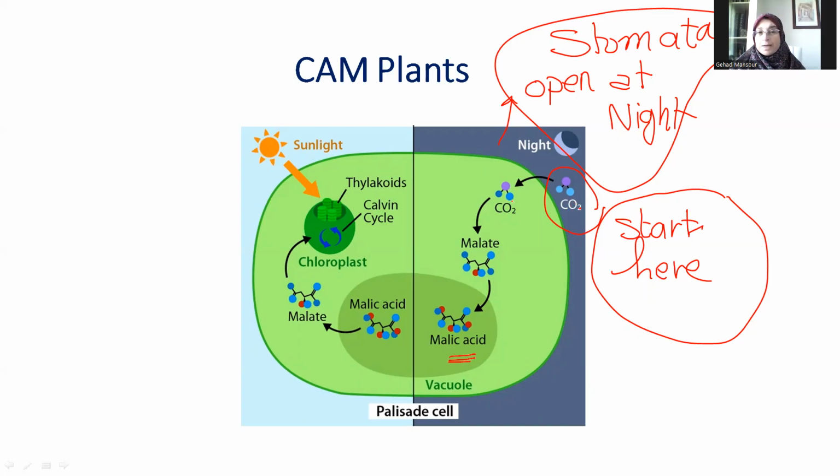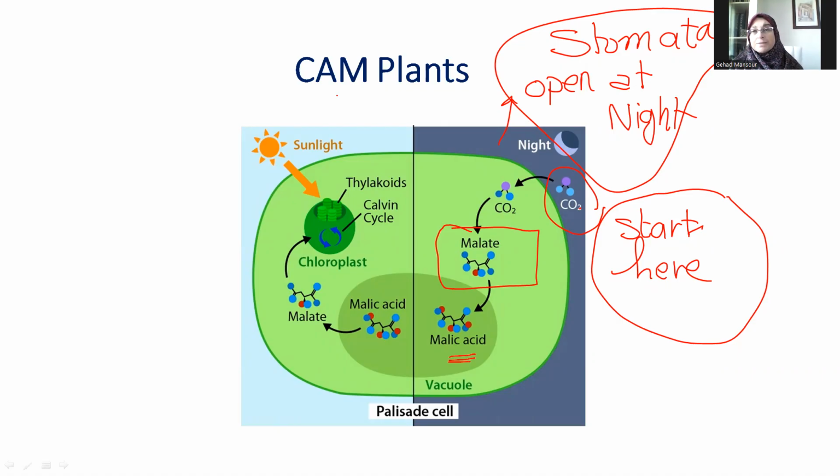But during the night, carbon dioxide is converted into malic acid or malate. And then malic acid during daytime will be joining the Calvin cycle when the stomata are partially closed.